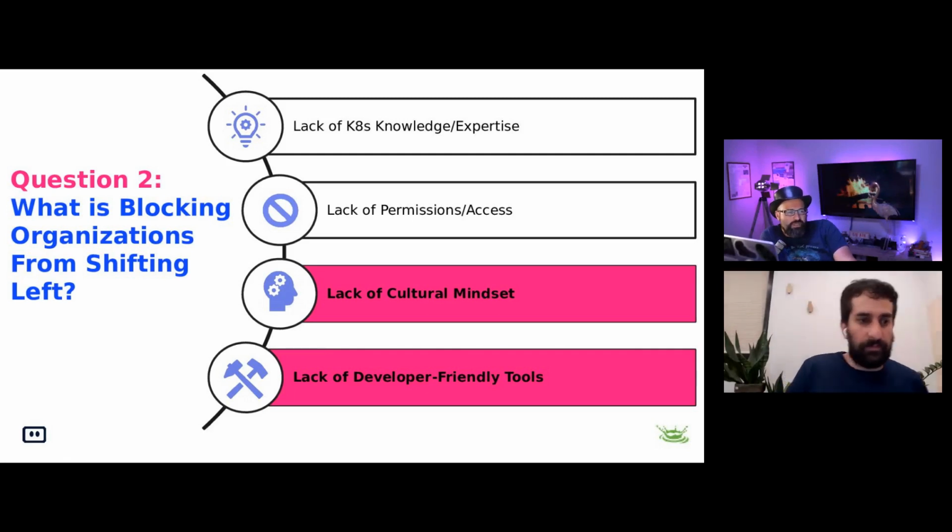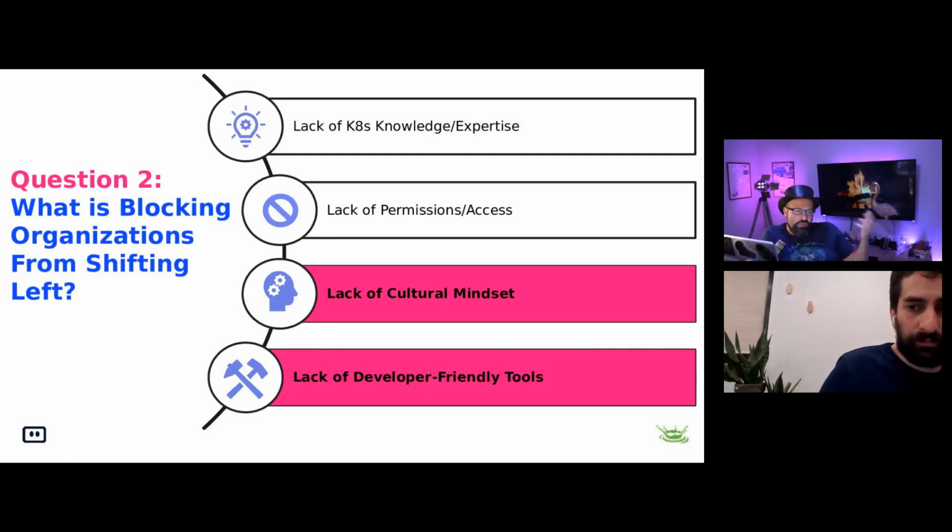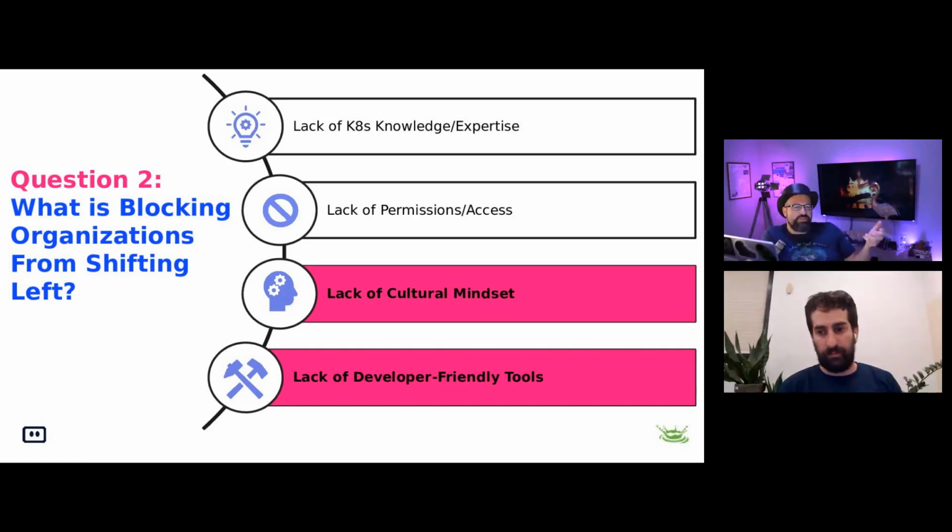It's there because of the old ways that security has been done, from an auditing perspective, from a locking everything out perspective, this kind of stuff. Yep, exactly. And let's move to the next slide.